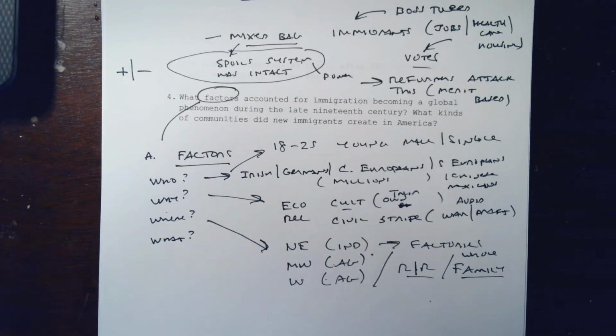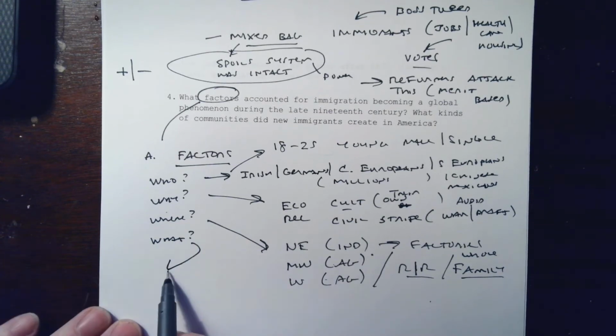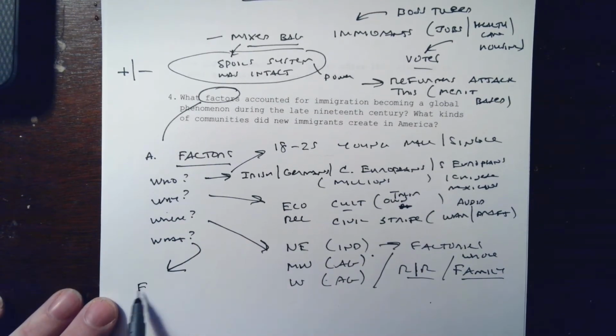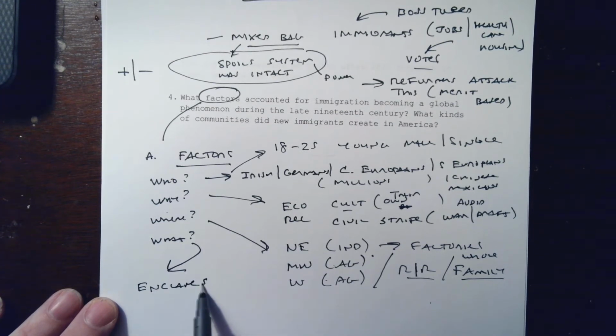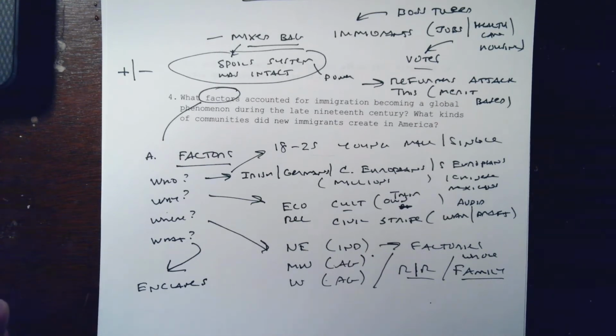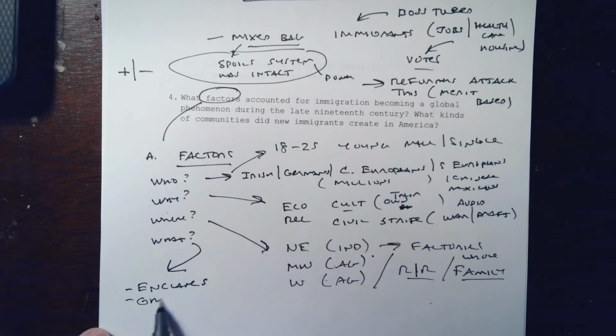Now, let's just talk about the what. All right, they are going to build ethnic enclaves. All right, and that's just where cultured people all come together and they land in one spot, right? In some cases, they'll end up in ghettos.